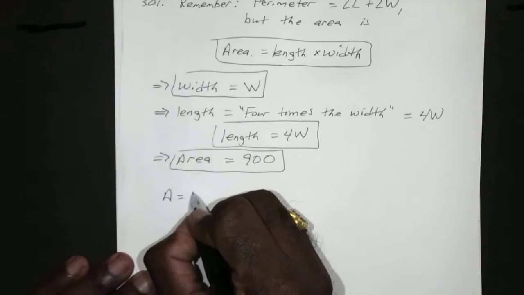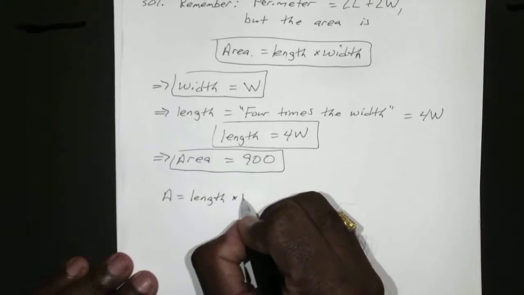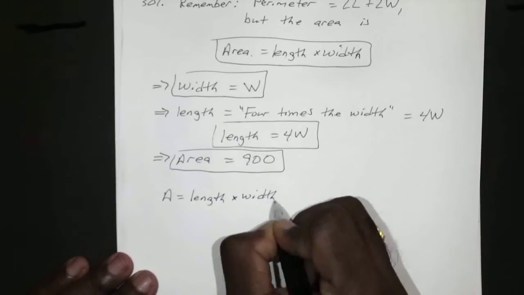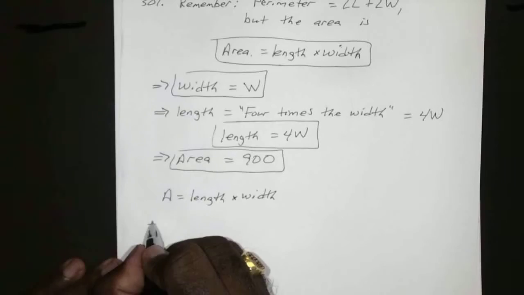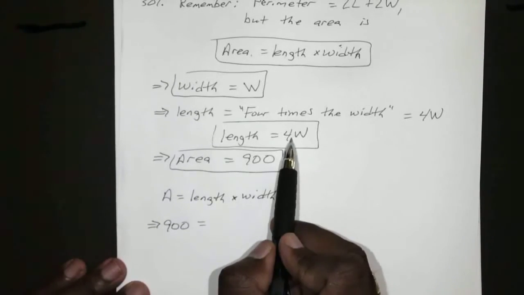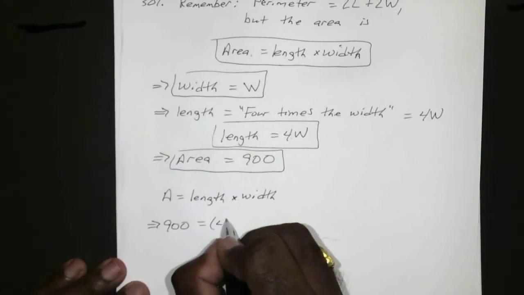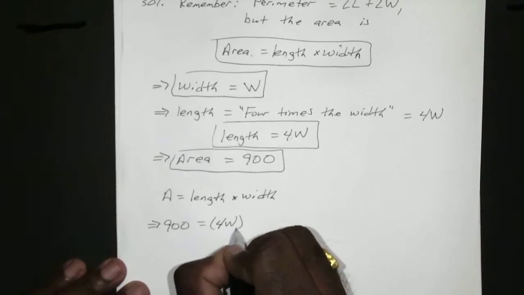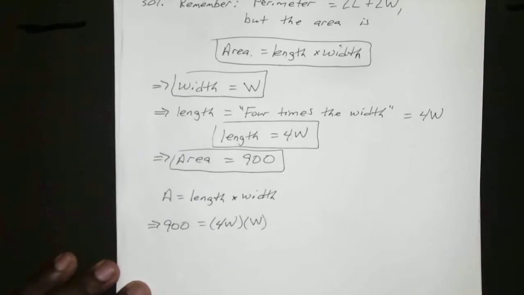So area equals length times width. We know our area is 900, so we have 900 square feet equals your length, which is 4 times the width, and your width is just W, some unknown value.